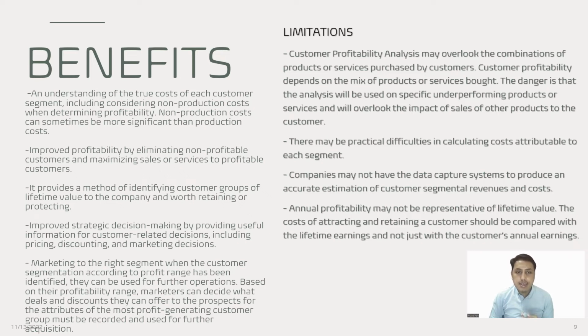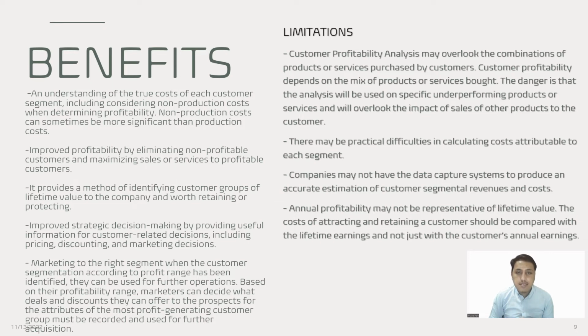And then the third is it provides a method of identifying customer groups of lifetime value to the company and worth instead of a project. And then the fourth is improved strategic decision making by providing useful information for customer-related decisions, including price, discount, and marketing decisions.